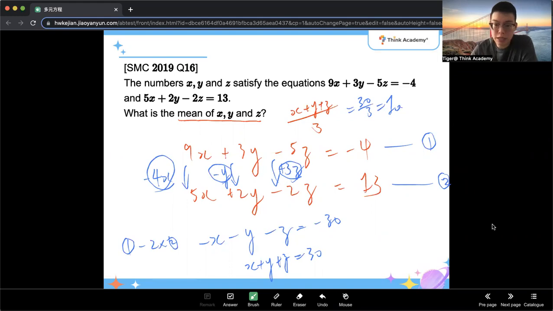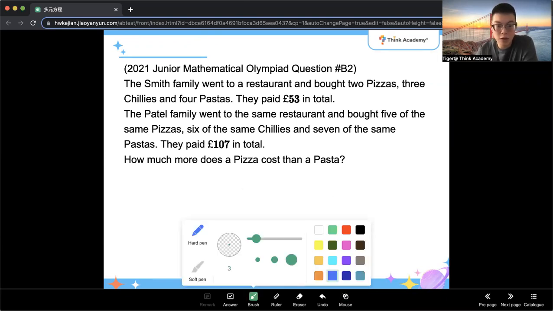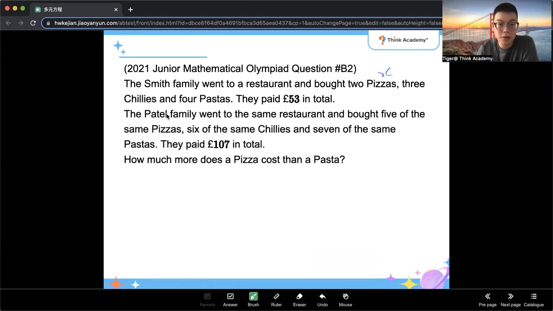So let's take a look at the next question. This one is from the 2021 JMO B2, and this is pretty straightforward. 2 pizzas, 3 chilies, and 4 pastas, and that's 53 pounds in total. So let's say there's x, y, and z.